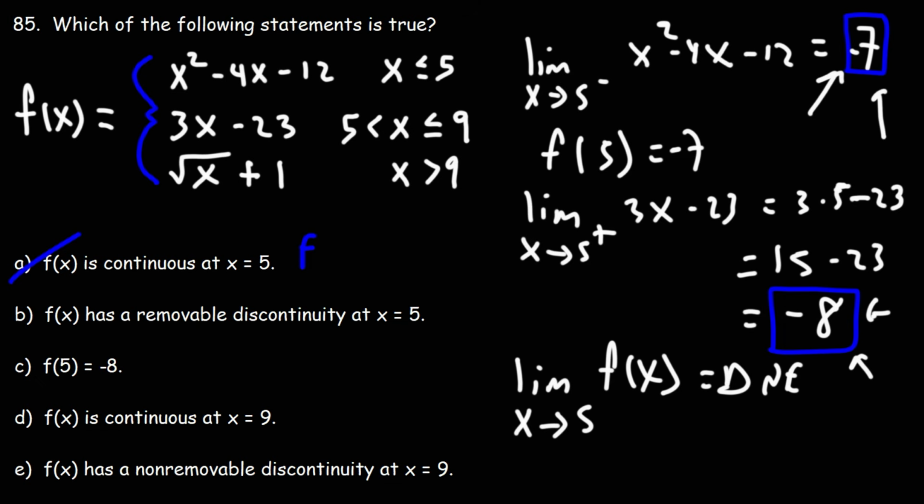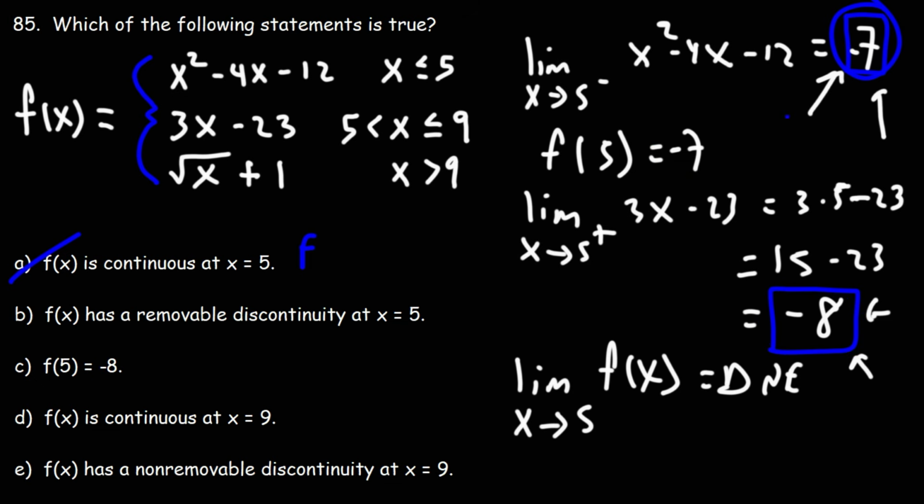Now what about B? f of x has a removable discontinuity at x equals 5. If it was removable, these two would be the same, but this would be different. The left-sided limit and the right-sided limit would match, the limit would exist, but f of a just wouldn't equal that limit. That would be a hole or removable discontinuity.